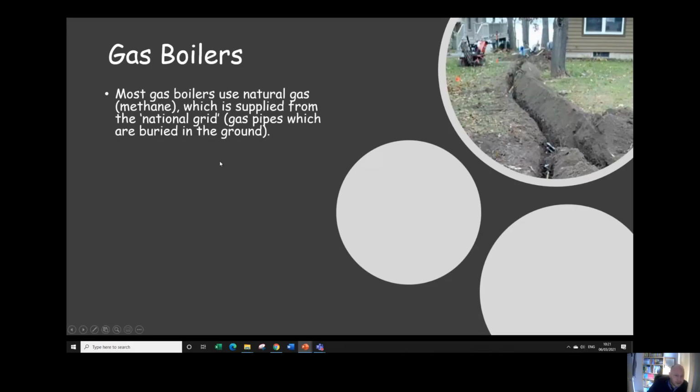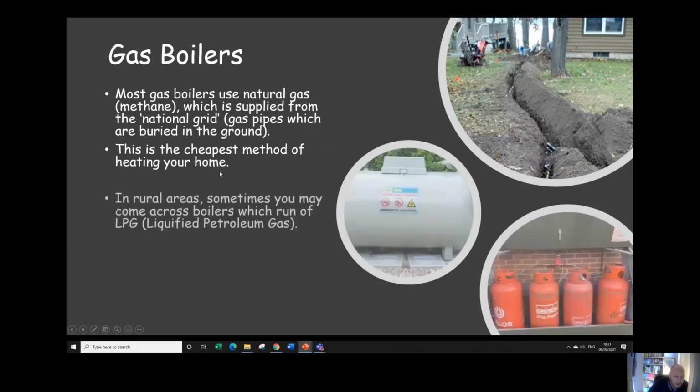Gas boilers use natural gas, methane, which would normally be supplied from the national grid through gas pipes buried in the ground, yellow, normally MDPE. It's the cheapest method of heating your home at the moment, though you might sometimes come across LPG boilers, generally speaking in rural areas.